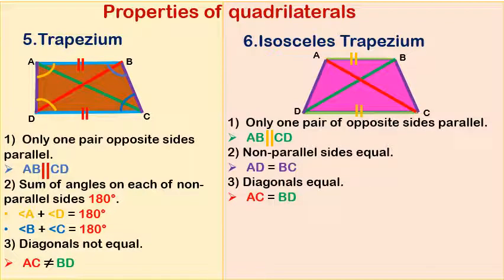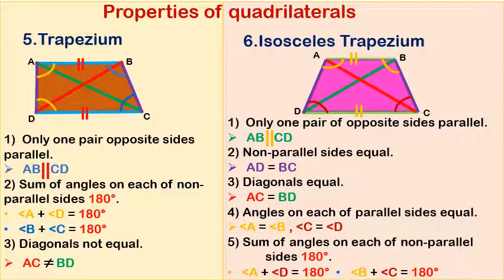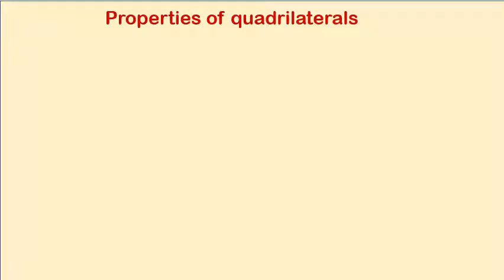That is diagonal AC equal to diagonal BD. Fourth property, angles on each of the parallel sides are equal, which means angle A equal to angle B and angle C equal to angle D. Fifth property, sum of angles on each of the non-parallel sides is 180 degrees. That is angle A plus angle D equal to 180 degrees and angle B plus angle C equal to 180 degrees. Last one is the kite.